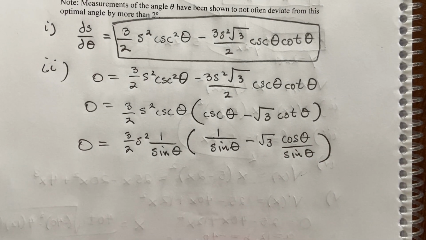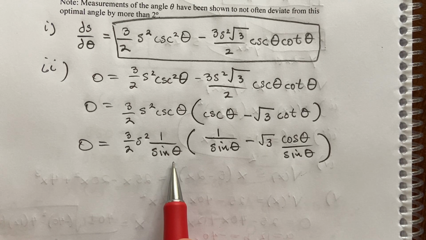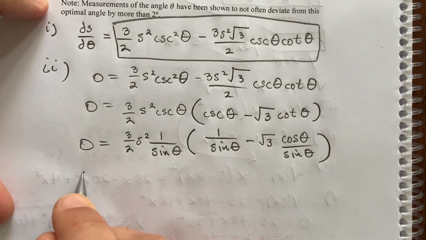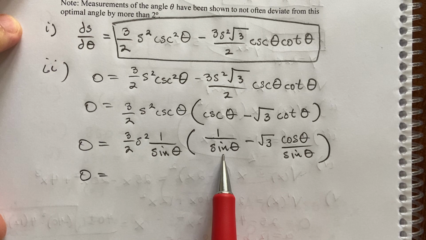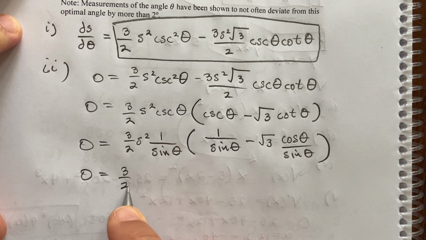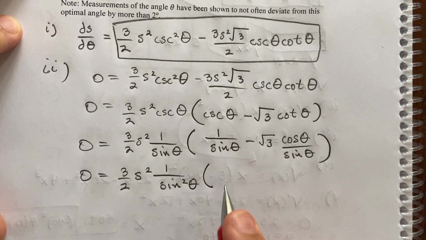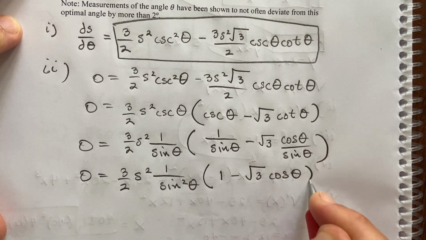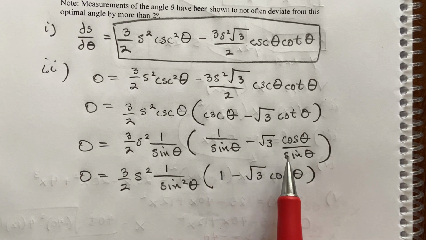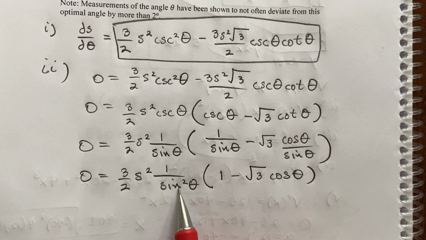So just rewriting everything based on sine and cosine instead of cosecant and cotangent. Simplifying. So 0 equals, looks like I can factor out a 1 over sine theta. So I'll have 3/2 s squared, 1 over sine squared theta, leaving behind a 1 minus √3 cosine theta. So I factored out the sine theta that was in the denominator. So that turned this 1 over sine theta into 1 over sine squared theta.